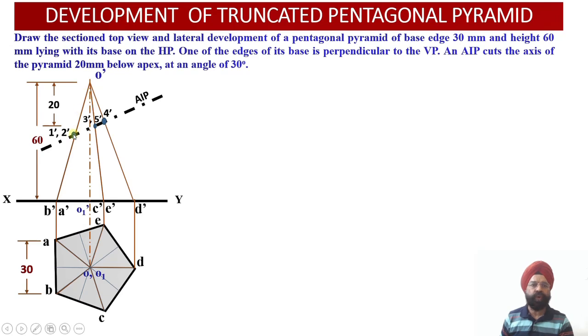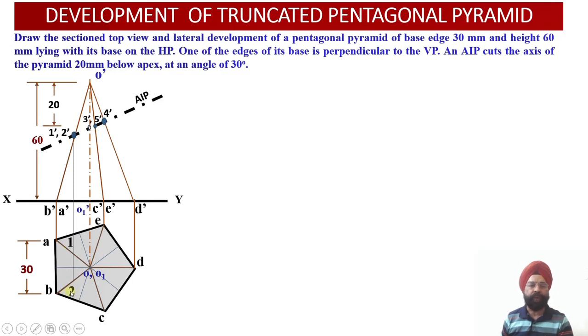In order to locate these 2 points of intersection in the top view, I will draw a vertical projector through the points 1 dash and 2 dash, and wherever this vertical projector intersects the projections of the slant edges OA and OB in the top view, I get the location of the points of intersection 1 and 2.